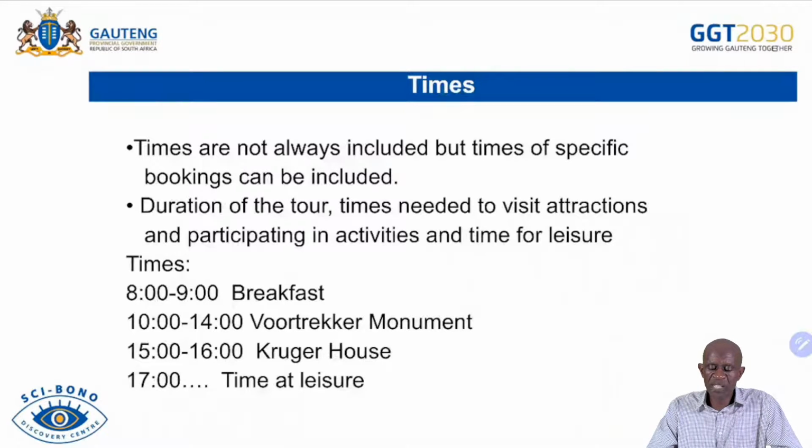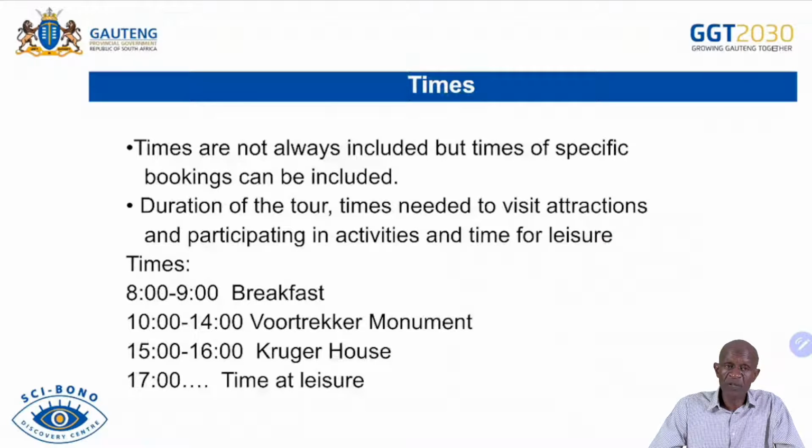Times are not always included, but times of specific bookings can be included. Duration of the tour, times needed to visit attractions and participate in activities, and time for leisure. Times are expressed as follows: from 8 to 9, for instance, it's breakfast.